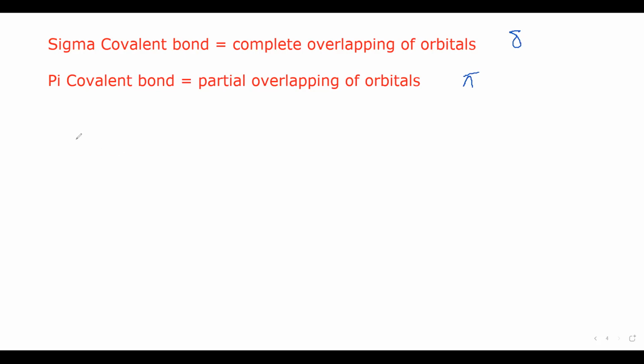Look, if we have hydrogen H2, what is the electronic configuration of hydrogen? It is 1s1. So one hydrogen will have an s orbital. The other hydrogen will also have an s orbital.